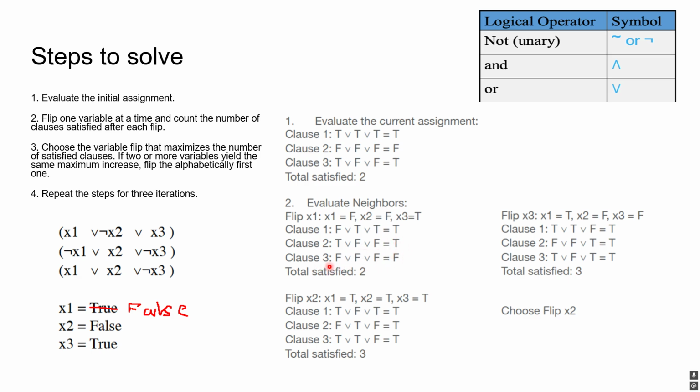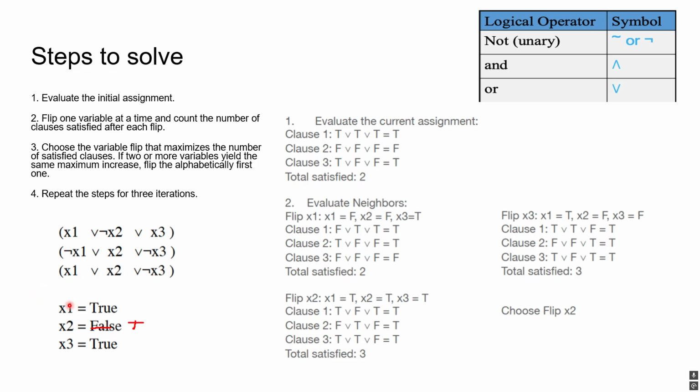But then for clause 3, you see false, false, false. So the same amount is still satisfied, based on the current assignment and the change that you made to x1. Then you'll flip x2, you'll change that one to true.